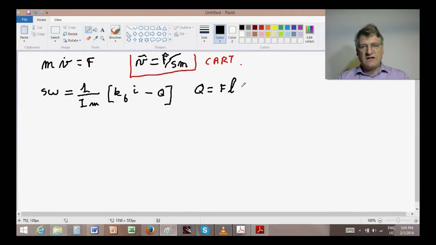Okay, so we call L that distance, which is some kind of moment arm between F and the resulting Q.